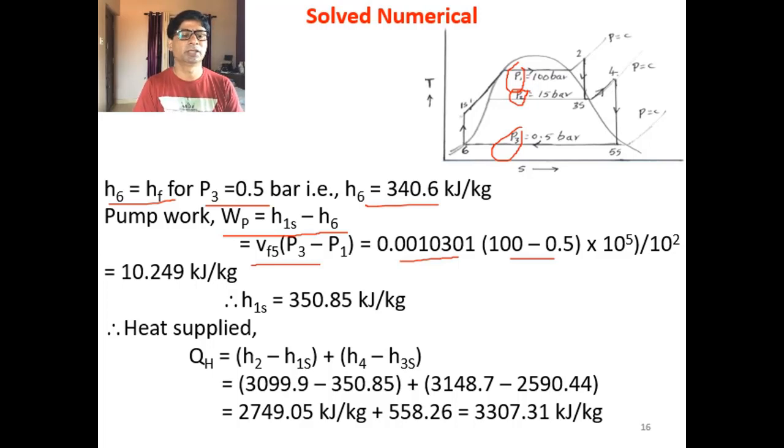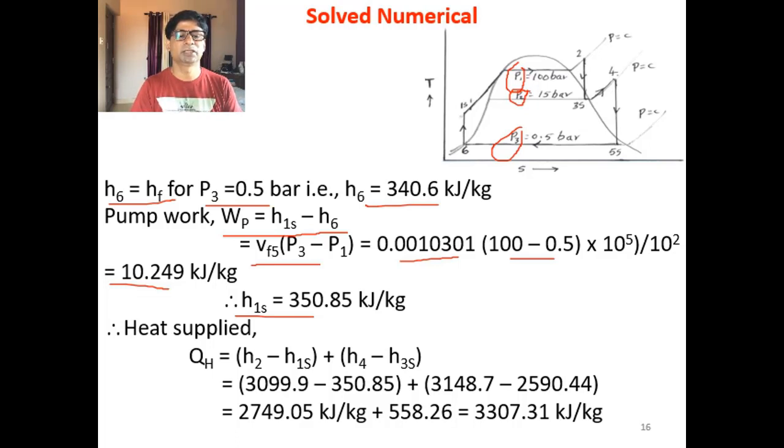So you will get it as 10.249 kilojoules per kg, and after simplification you will find out H1s as 350.85 kilojoules per kg, because H1s is nothing but H6 plus pump work. So 340.6 plus 10.249, so it is written as 350.85 kilojoules per kg.